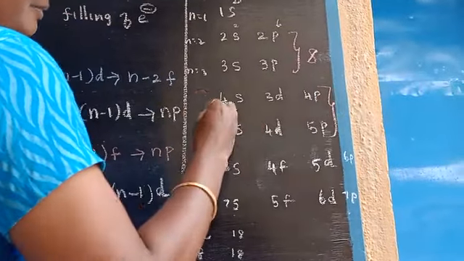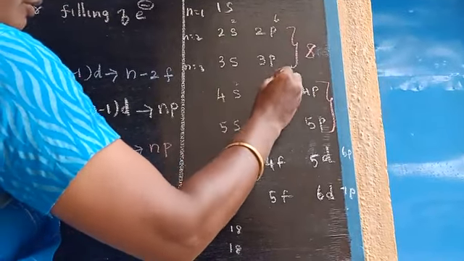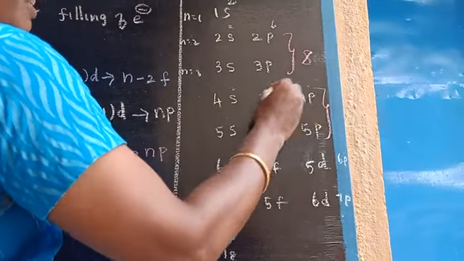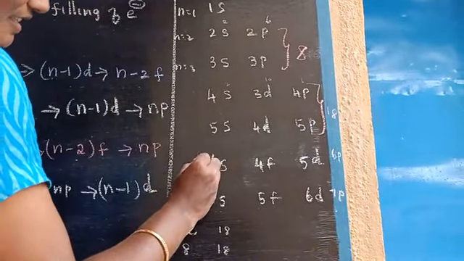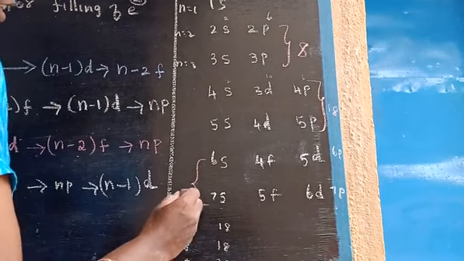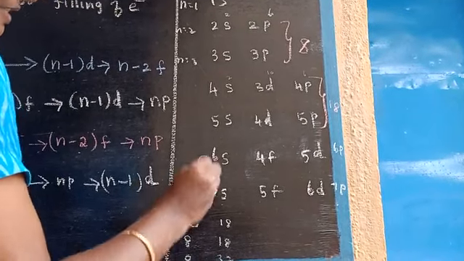Here s2, d10, p6, so totally 18. Here 6th and 7s, 32 elements are present.